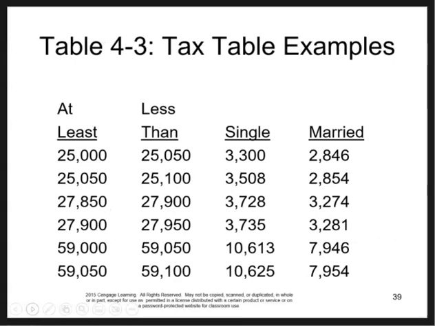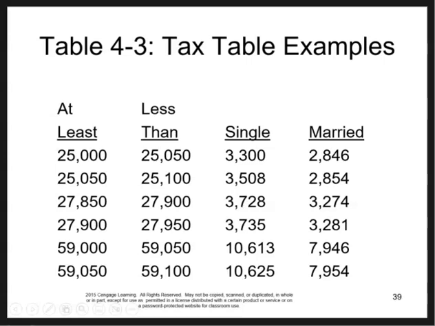This is an example of a tax table. It goes along with different incomes. If your taxable income was between $25,000 and $25,050, and you're single, you would owe $3,300.